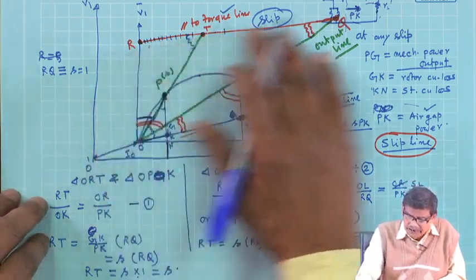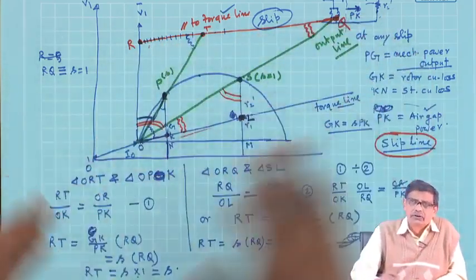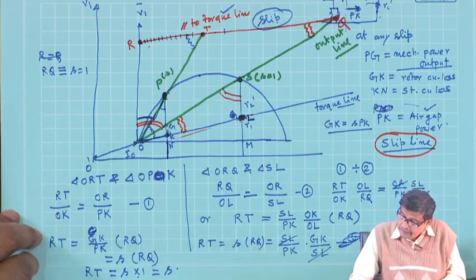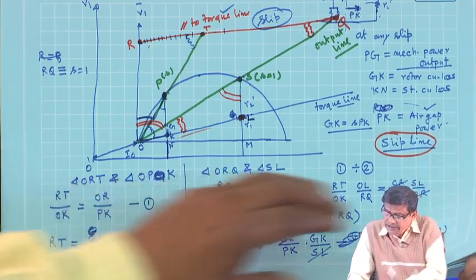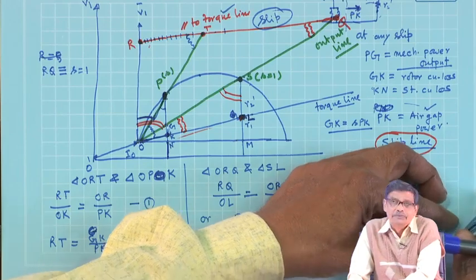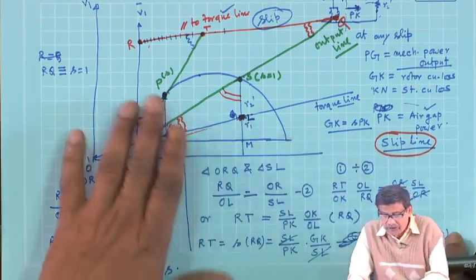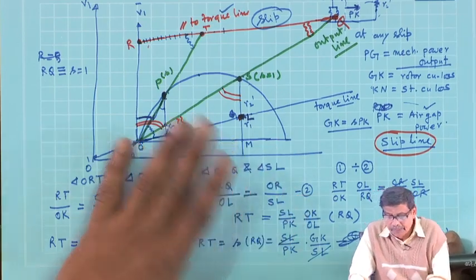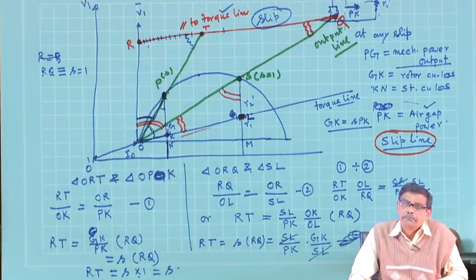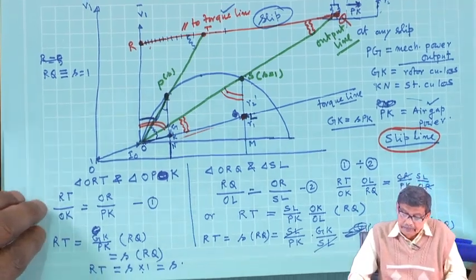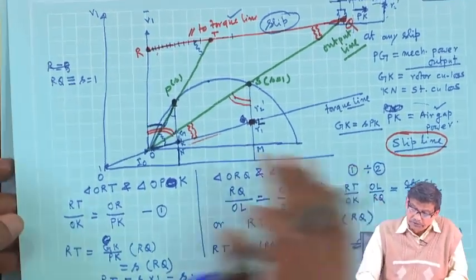Of course, it is not necessary that you always draw the slip line, but it is better for completeness' sake, and that is what a practical engineer can do. For the given induction motor he is working on, once and for all draw this circle diagram, and then you can perform the prediction of the induction motor. So, slip line we have done.